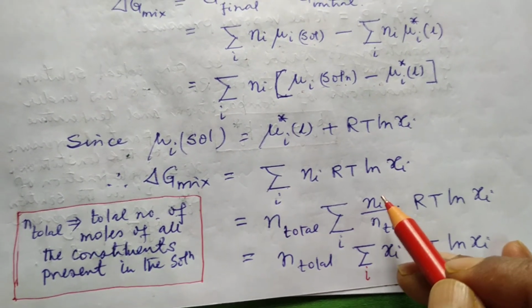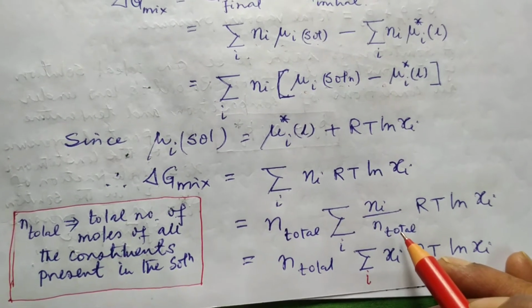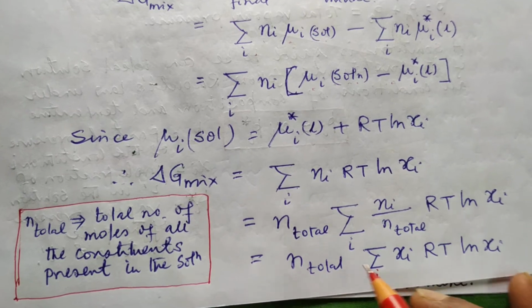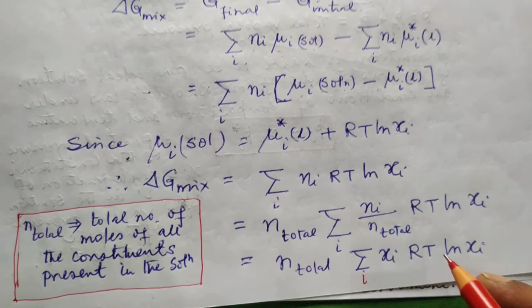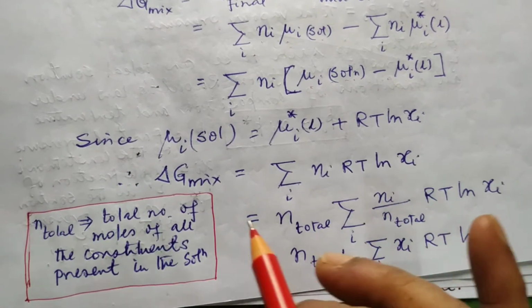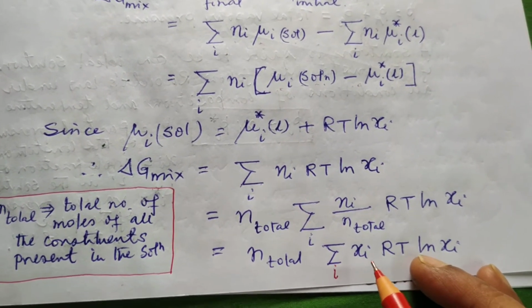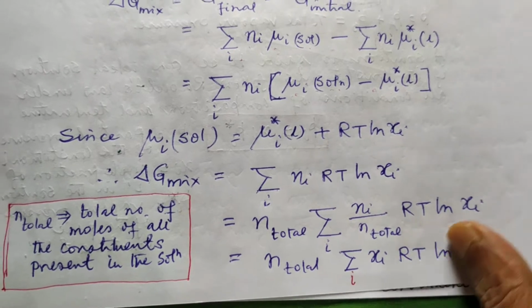So, this Ni by N total gives the mole fraction. So, this equals N total sigma i Xi RT ln Xi. So delta G mix becomes equal to N total sigma i Xi RT ln Xi.